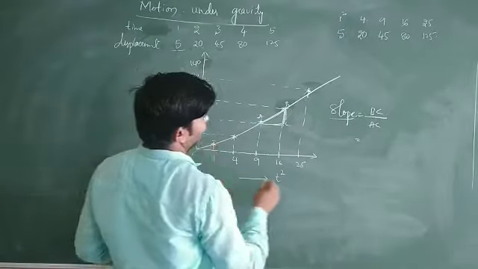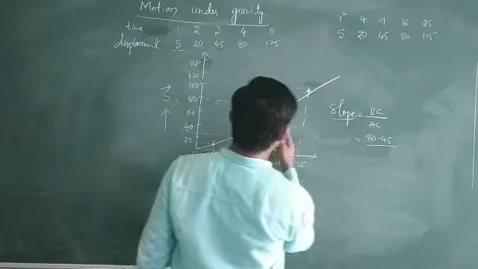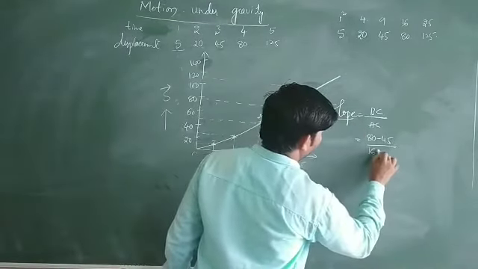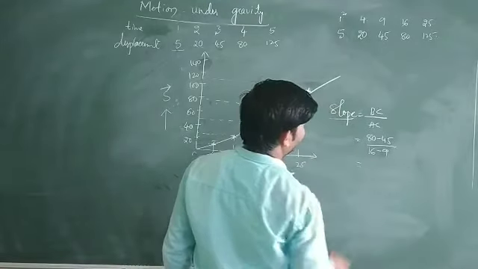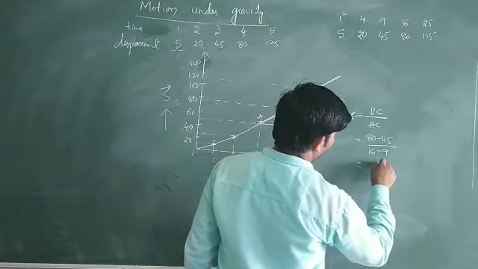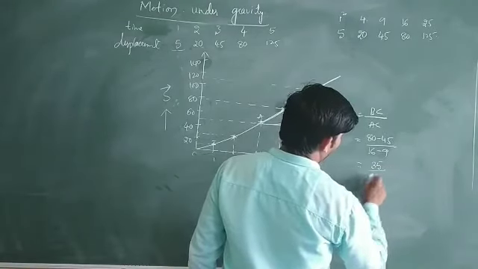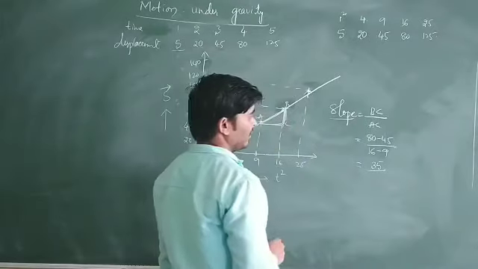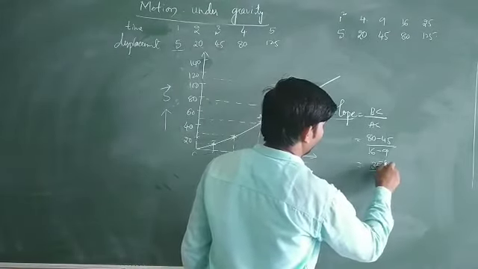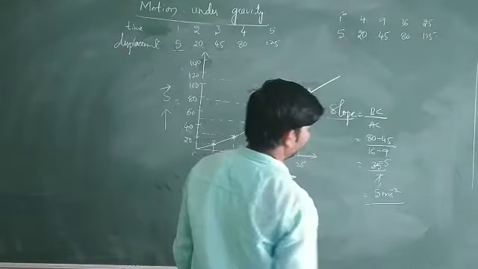This is 45. So 80 minus 45. What is AC here? 16 minus 9. So 80 minus 45 is 35, divided by 16 minus 9, which is 7. So 7 5s are 35, so the slope is 5 meter per second square.